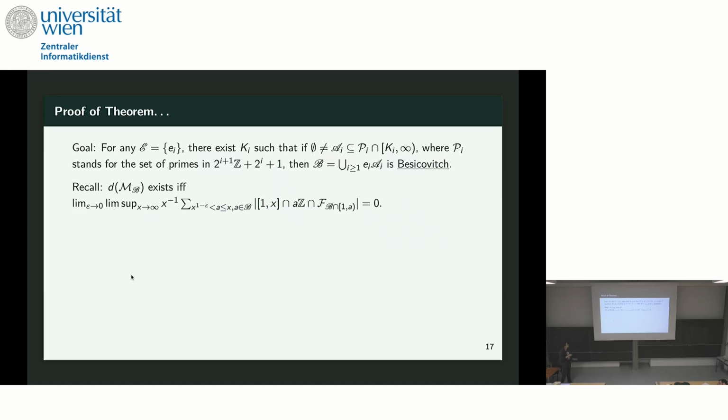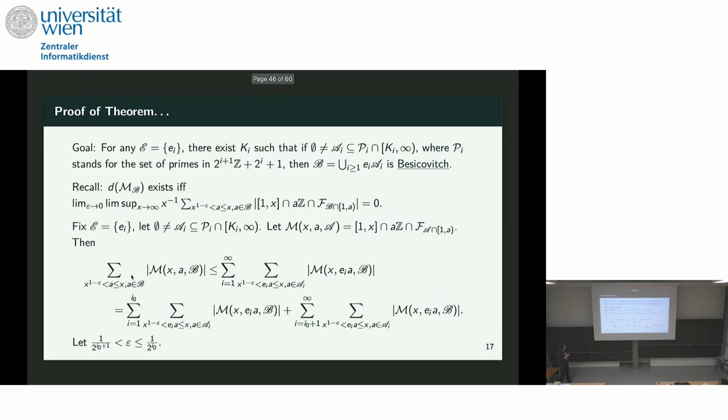The density of the set MB exists if and only if this limit is equal to 0. We fix our set E, we fix our AIs, these subsets of primes, and we denote by this MXAA the thing that we have here. And this is what appears in the R' formula.